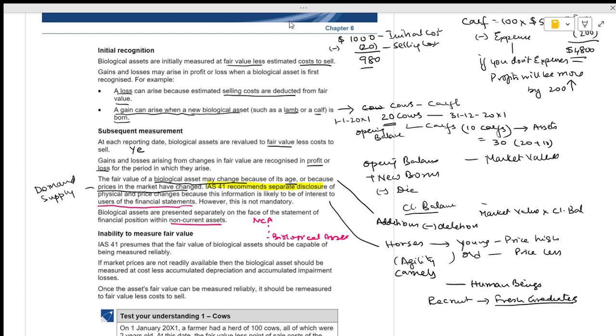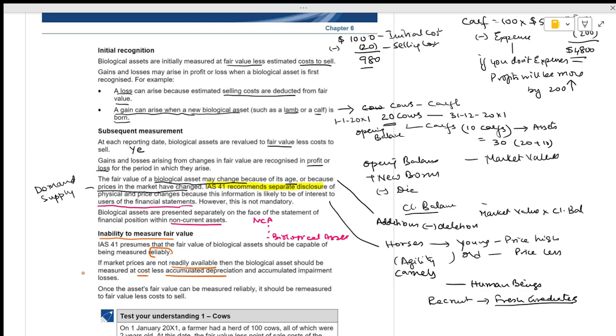In some cases, there is an inability to measure fair value reliably. Their fair value should be capable of being measured reliably. If market prices are not readily available, then they say that it is cost minus accumulated depreciation.